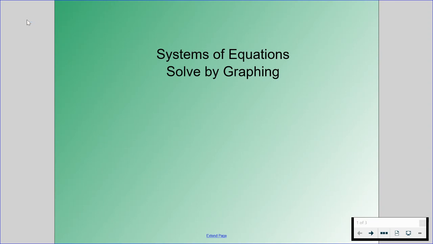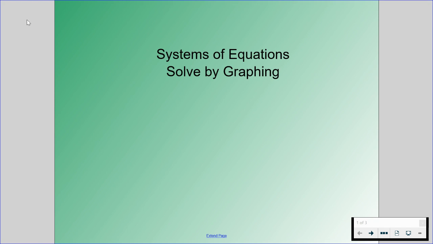So today we are going to be starting chapter 5, which is all about systems of equations. What it means to be a system of equations is essentially it's just two equations that are happening at the same time. Previously, we've talked about linear equations, linear inequalities, we talked about functions, and then most recently, linear functions and how to graph them, right?